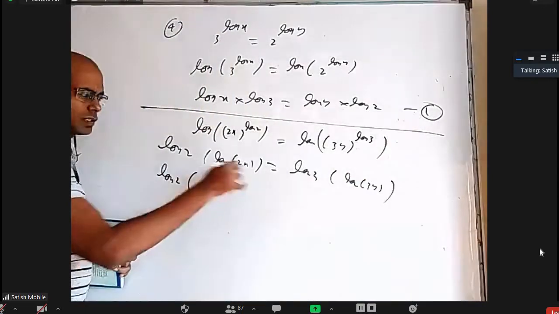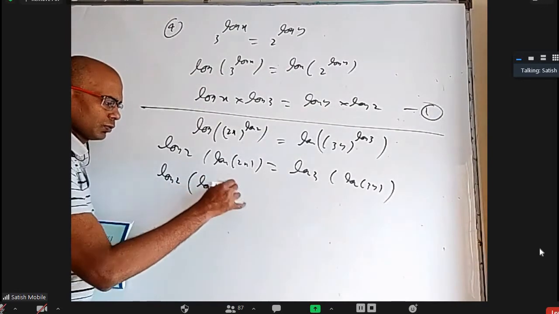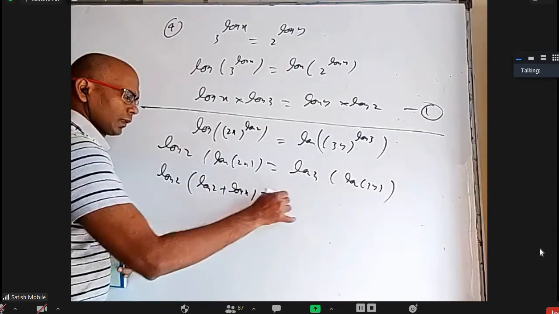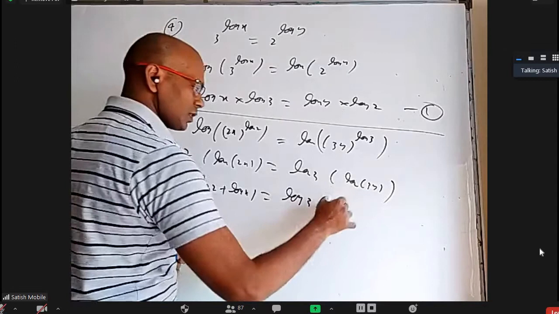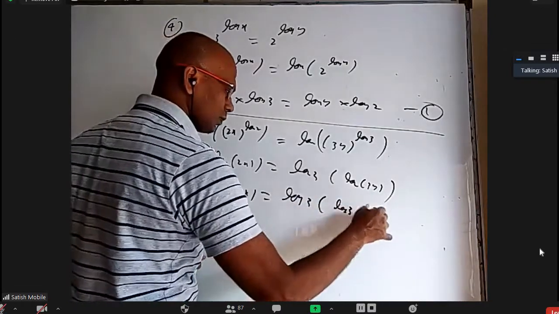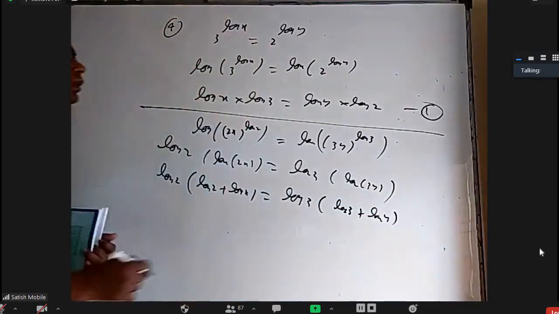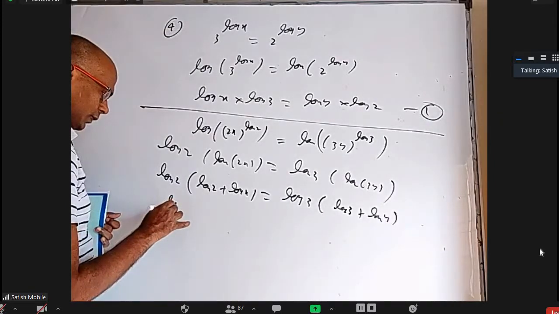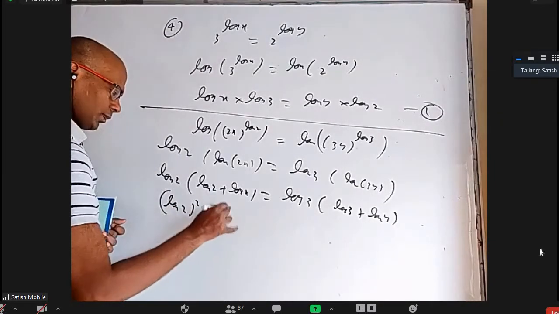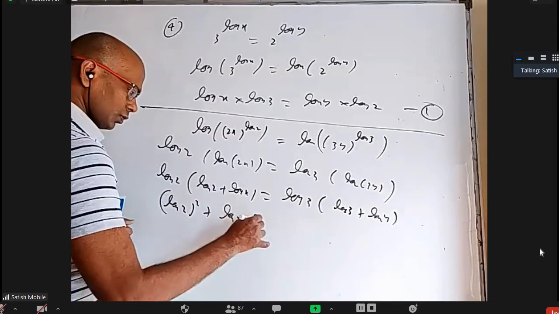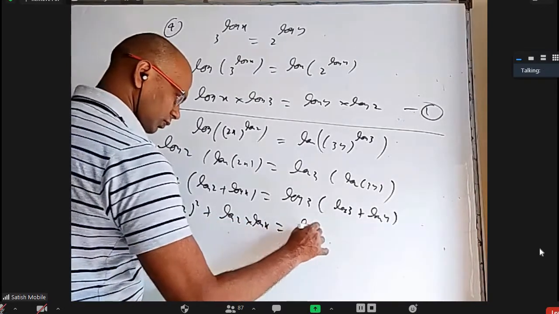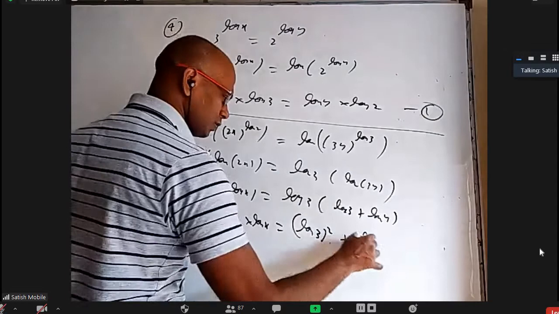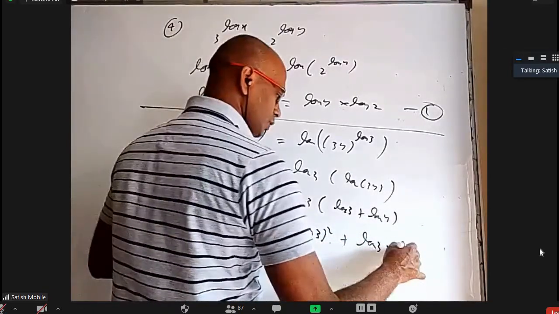Log 2 into this log 2x, I can write log 2 plus log x. Log 3 into log 3y, I can write log 3 plus log y. When I expand this, you'll get log 2 whole square plus log 2 into log x, equal to log 3 whole square plus log 3 into log y.